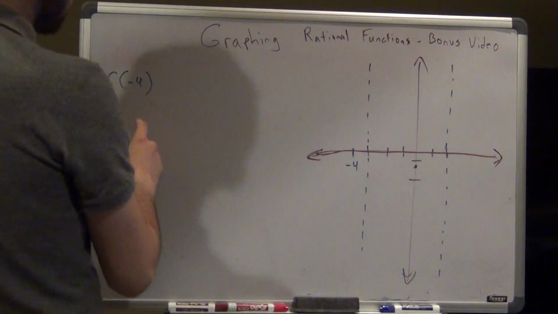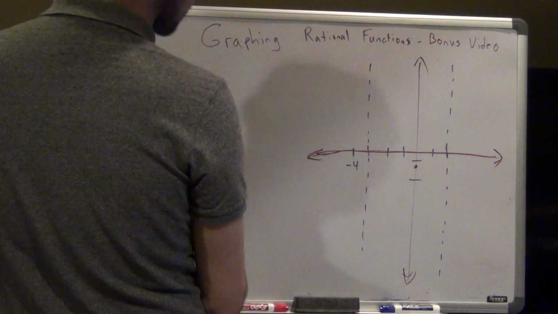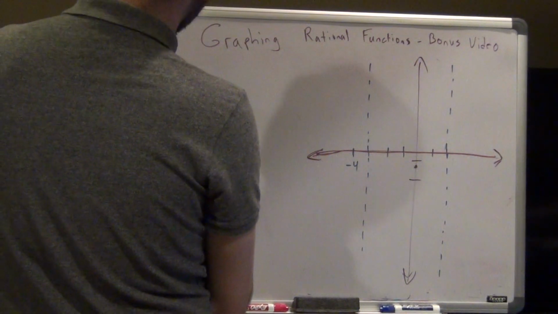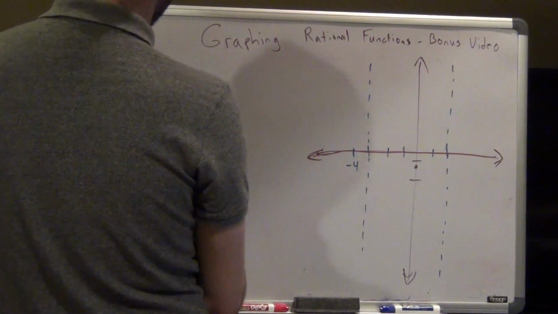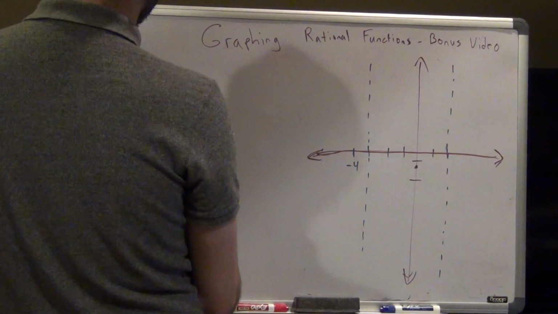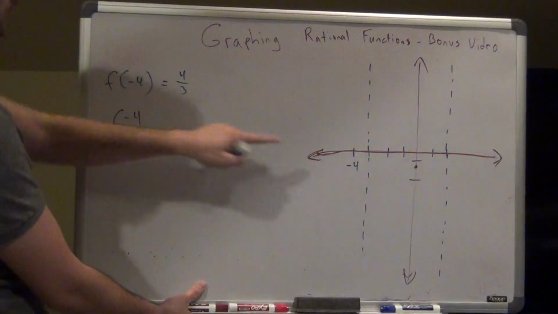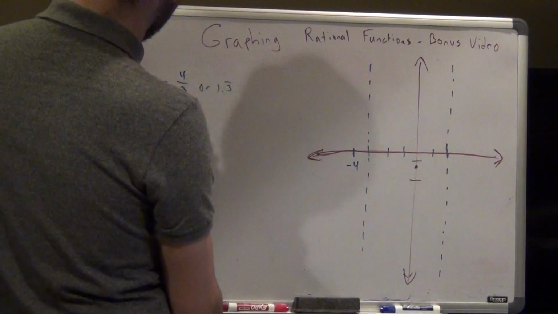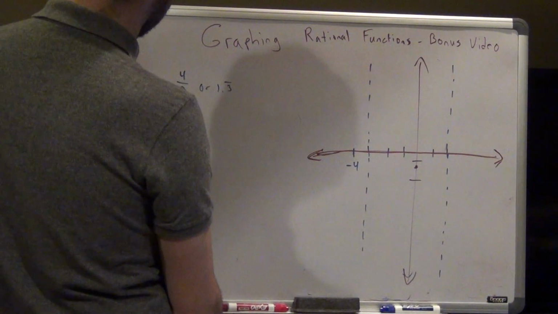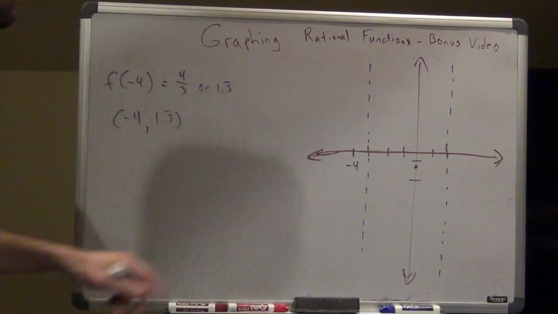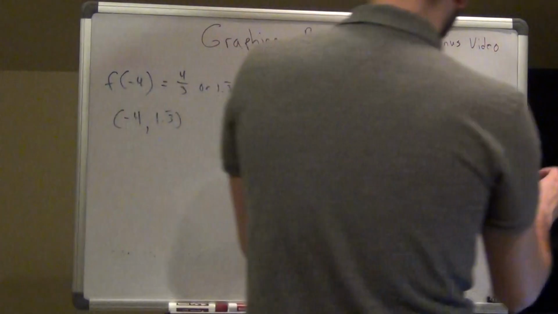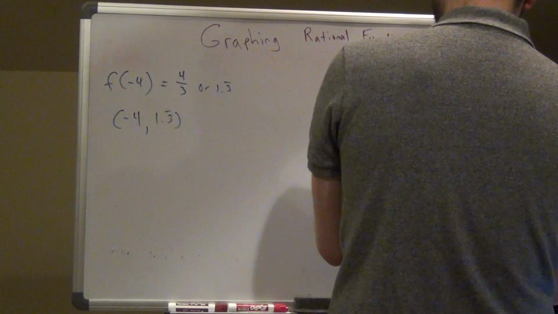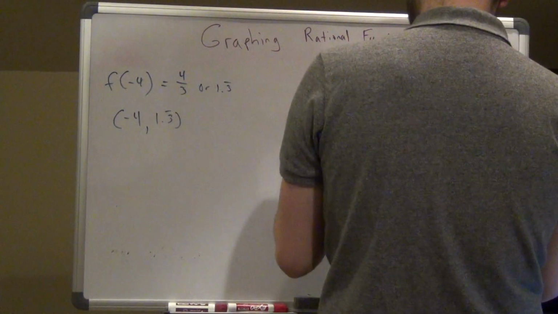If I plug in -4, I'm going to get the answer of 4/3. I would also call that 1.3 repeating. So the point is -4 for x and 1.3 for y. I'm going to plot this point at -4 here; if this is 1, 2, then 1.3 is a little bit above 1.